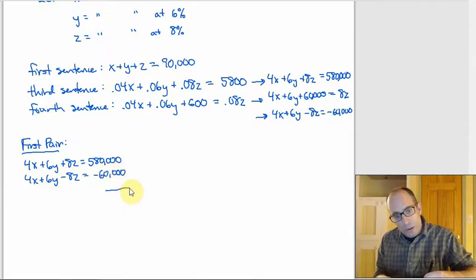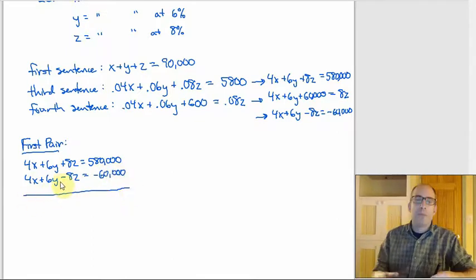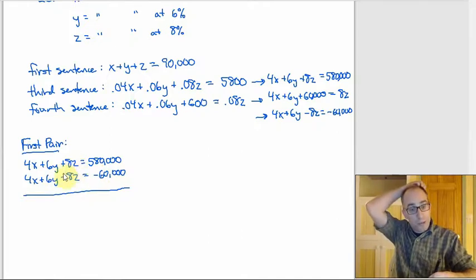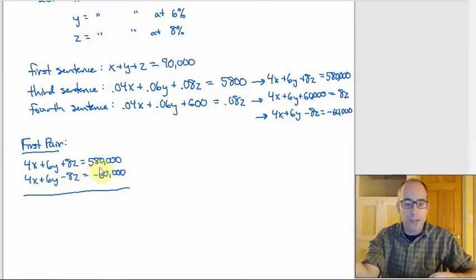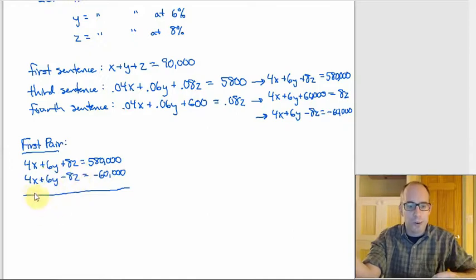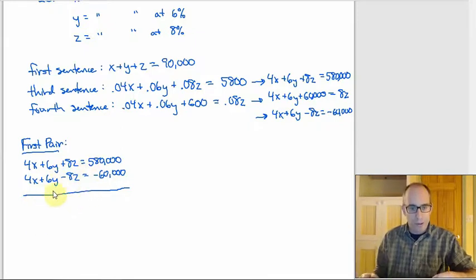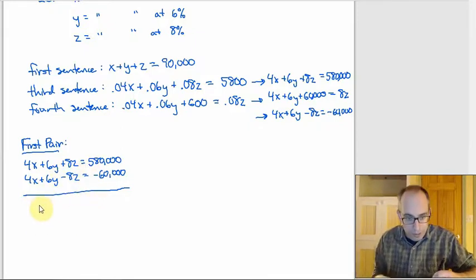And before you add these together, if you wanted to reduce these, because in every single case these are full of even numbers, you could rewrite the bottom one as 2x plus 3y minus 4z equals negative 30,000 if you wanted. But I'm just going to add them together and then worry about that.